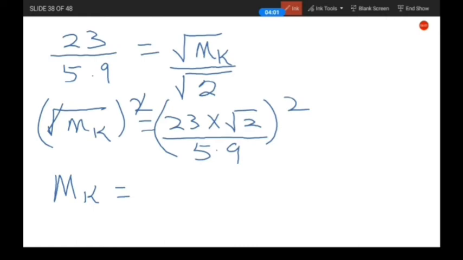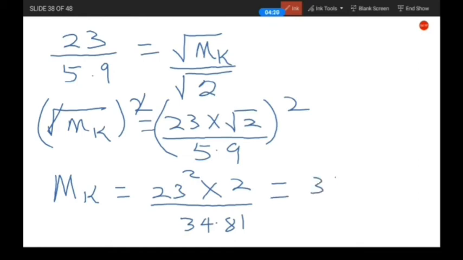We're going to be having 23 squared times root 2 squared, which will give us 2. Then everything over 5.9 squared will give us 34.81. If you do this very well with your calculator, you'll be getting 30.4. That means the relative molecular mass of gas K is now 30.4. So we have gotten that.